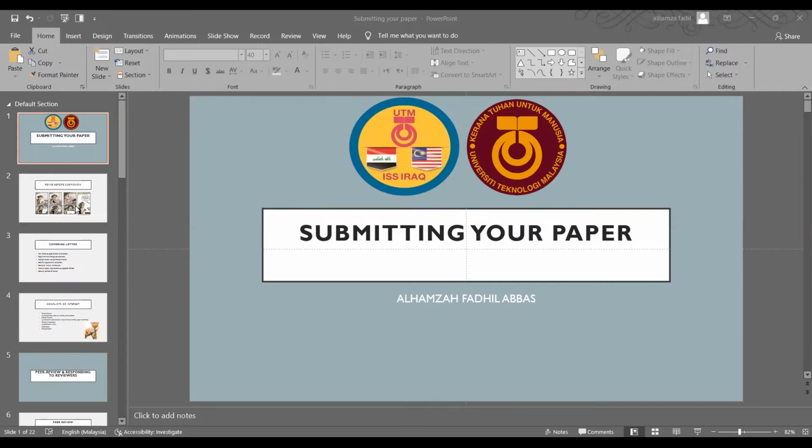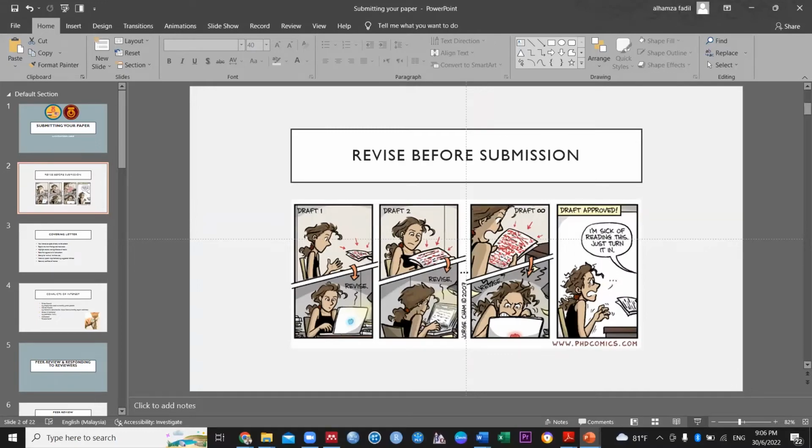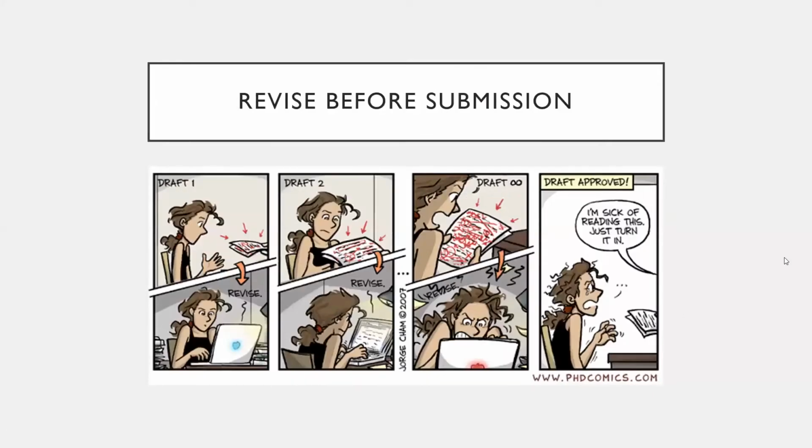First of all, I would like to talk about the revision process. As a PhD student, you need to make a draft and send it to your supervisor, and the supervisor will make comments and give it back to you.